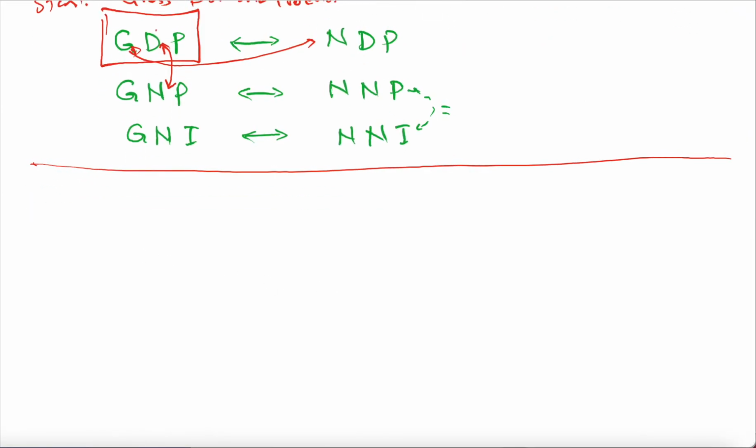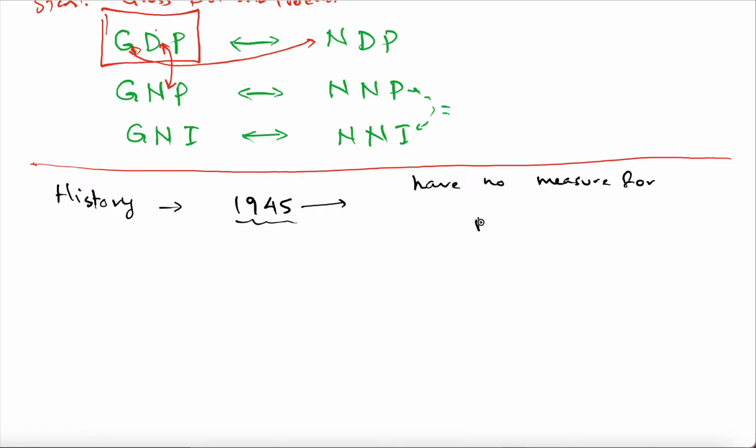As I explained in part 3 of chapter 5, the historical background: it was from 1945 onward that macroeconomics started to take shape, and at this time they realized that actually they have no measure for macro variables.